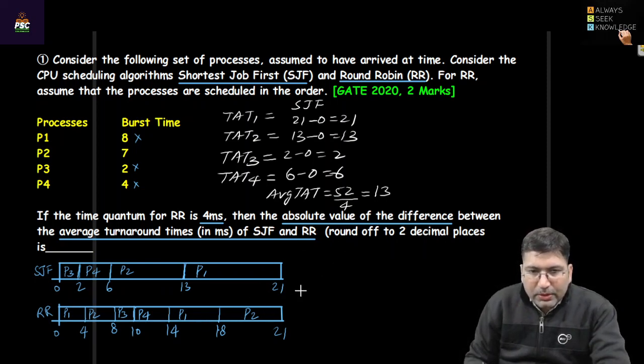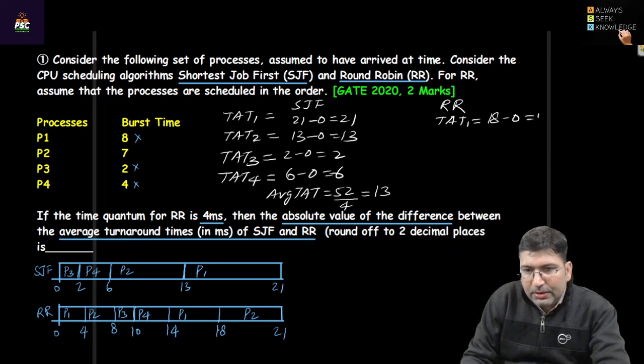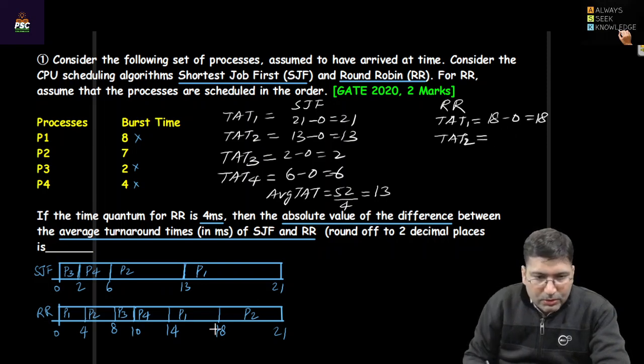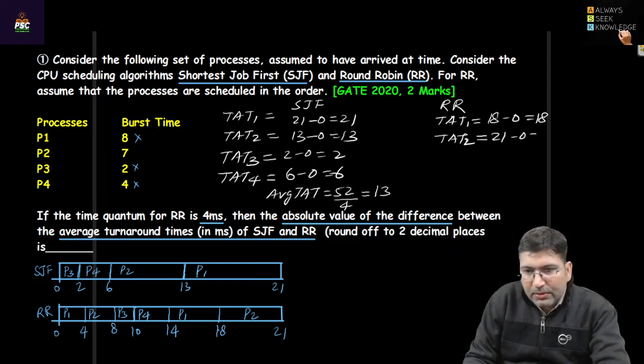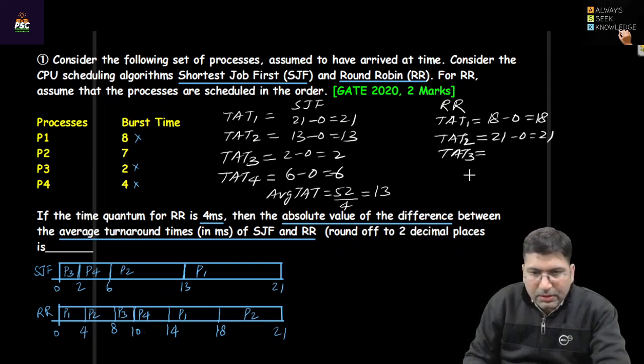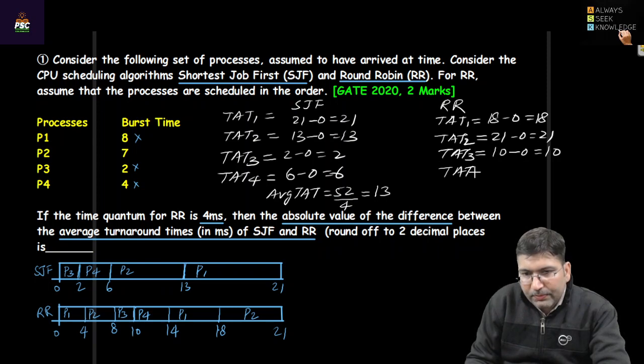Then you calculate for round robin, RR. Turnaround time for process 1: process 1 finishes at 18, arrived at 0, so it is 18. Turnaround time for process 2: process 2 finishes by 21, arrived at 0. Turnaround time for process 3: process 3 terminates by 10, arrived at 0. And turnaround time for process 4: process 4 finishes by 14, arrived at 0.